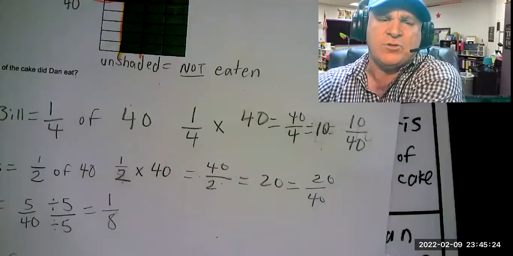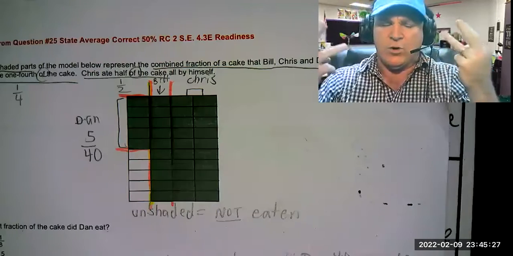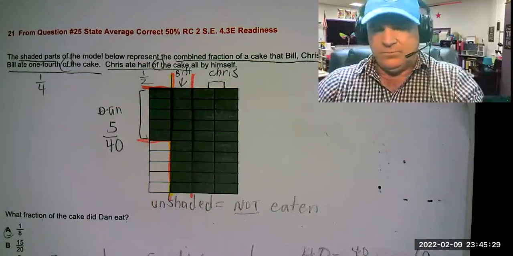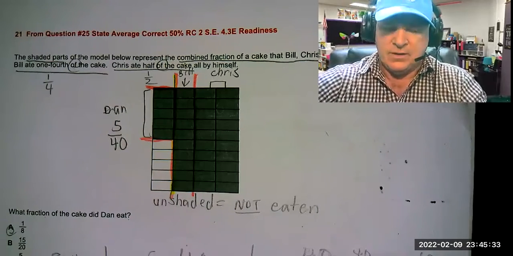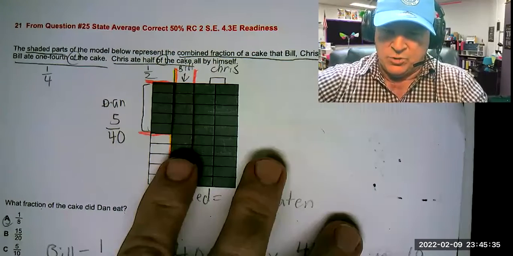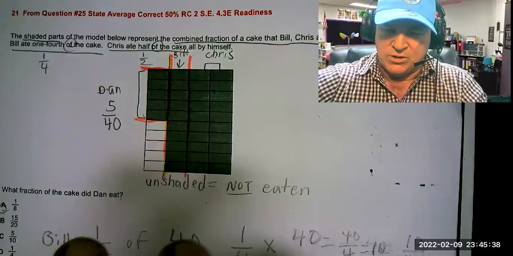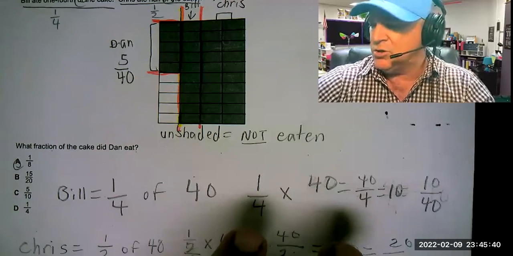For those of you that are just trying to figure out how to turn words into fractions and use those fractions to look at a picture and be able to do multiplication and division of the total pieces that you're aware of.